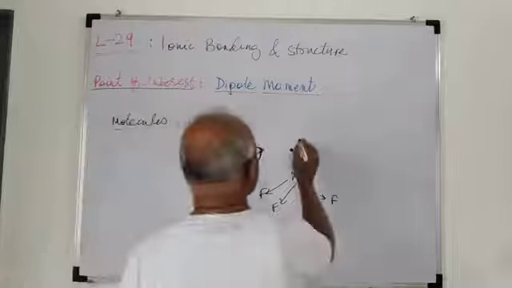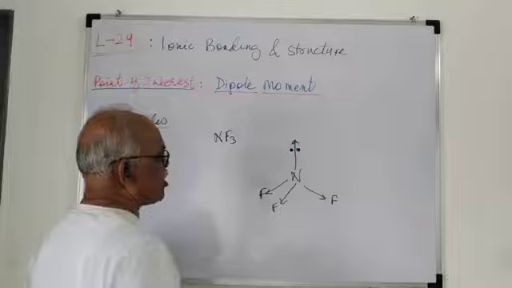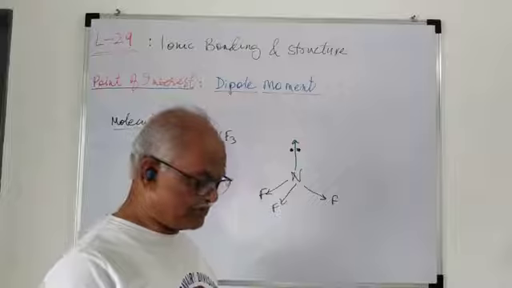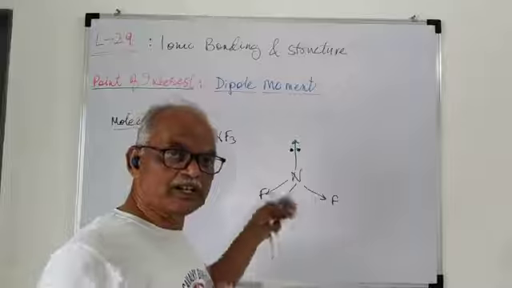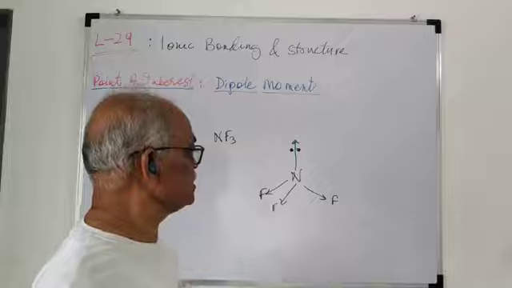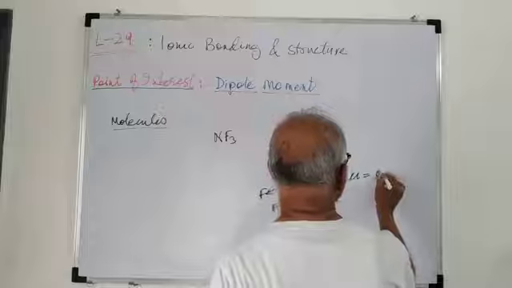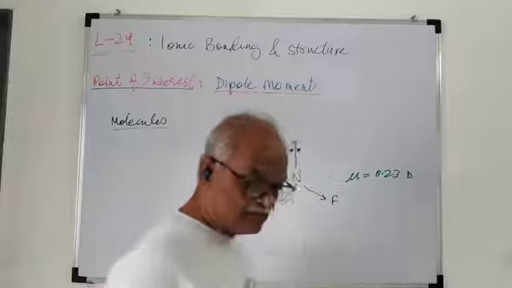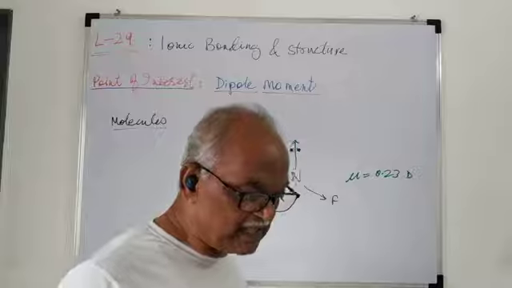The lone pair shows dipole moment in this direction, while the bond pairs of N-F bonds show the dipole moment in the opposite direction. So the dipole moment of the lone pair is reduced by subtraction, and as a result the net dipole moment of this molecule is 0.23 D.